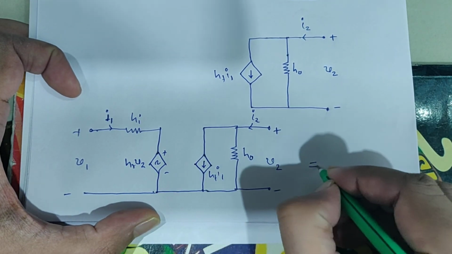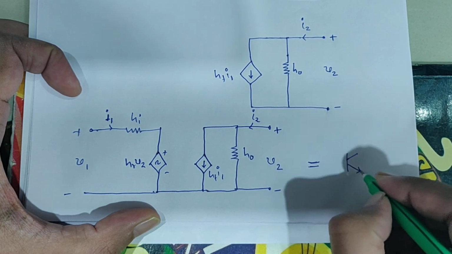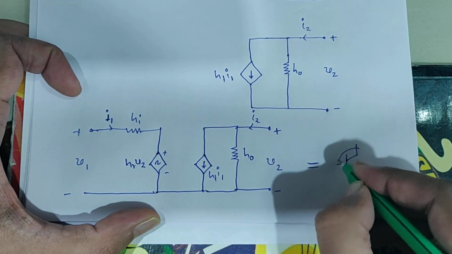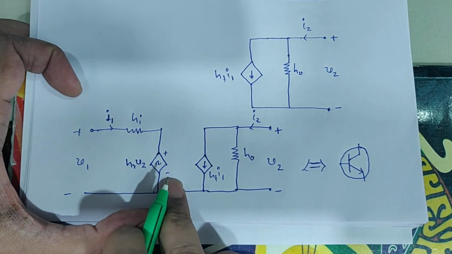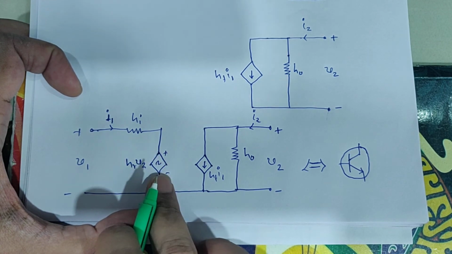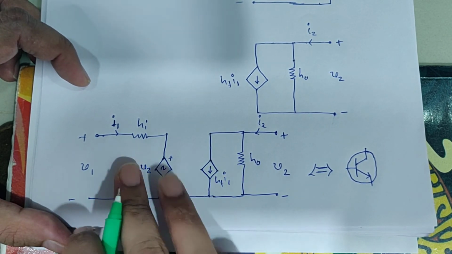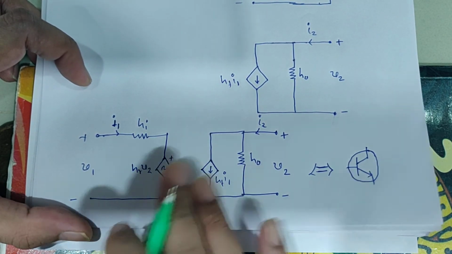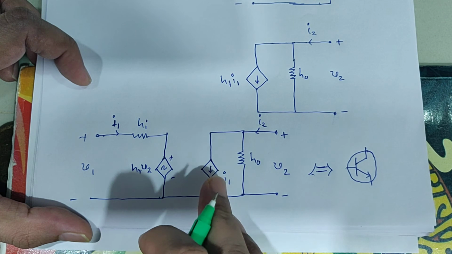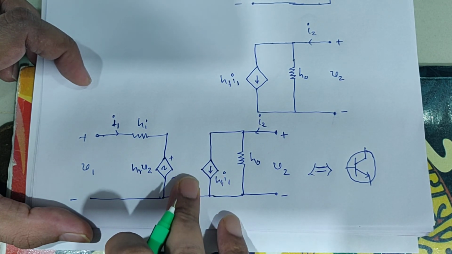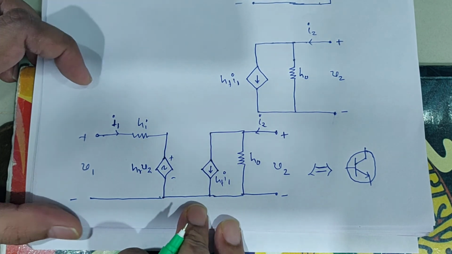So we can represent our transistor by the equivalent model, the H parameter model of the transistor. This is how it looks. This model is used when we want to analyze a transistor or represent the transistor's equivalent H parameter model, and it is used to do the AC analysis of the transistor.